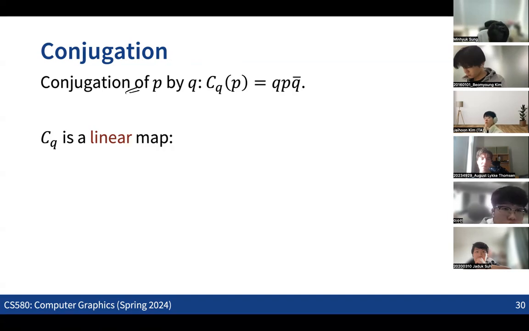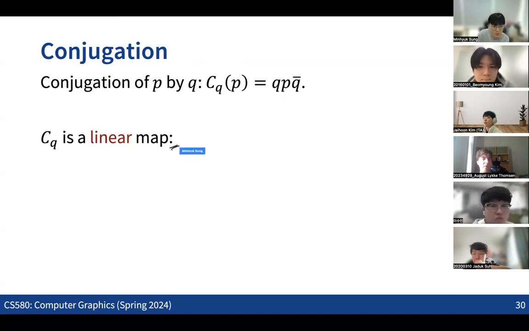Also, while this is a multiplication of two quaternions on the left side and the right-hand side, this operation can actually be represented as a linear function.